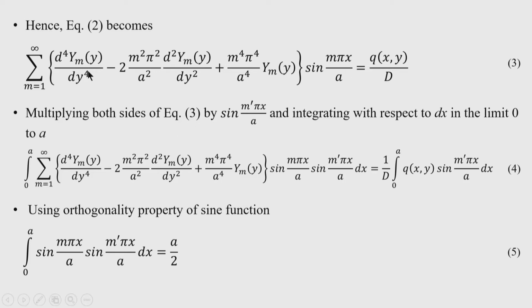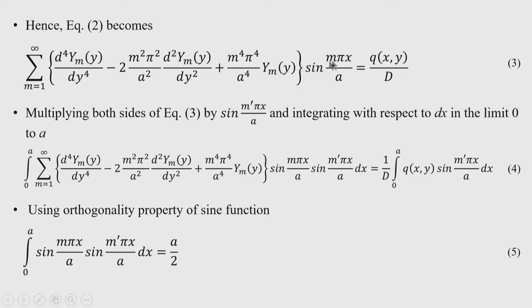Now, here we have proceeded from the first working principle. So, multiplying both sides of the equation 3, that equation I am numbering it as 3, by sin m dash pi x by a, and integrating with respect to dx in the limit 0 to a. Why I have taken this sin m dash pi x by a, because m dash is also an integer.